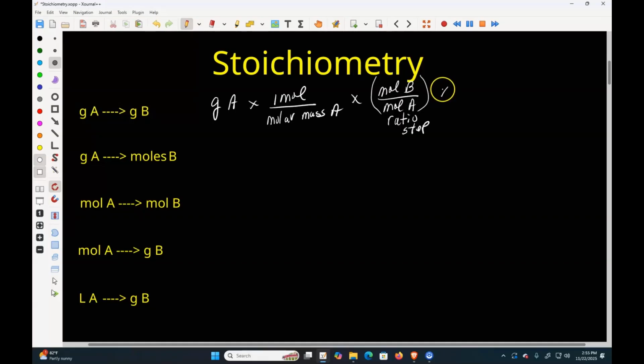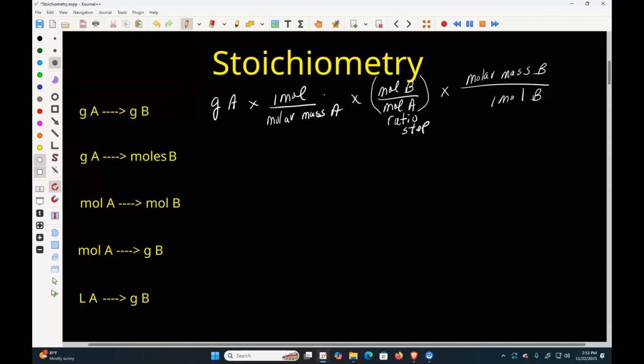And then I will multiply that times the molar mass of B over 1 mole. So notice now I have 1 mole for the first step and 1 mole in the last step. The only place I can use numbers other than 1 mole will be the ratio step.